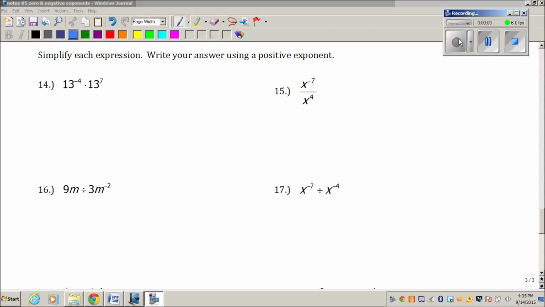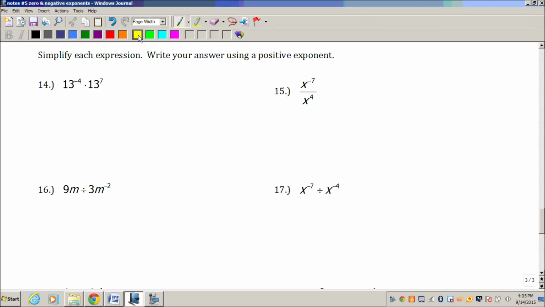Now I'd like you to try answering questions 14 through 21 on your own first. Remember, it just says to simplify each expression. Write your answer using a positive exponent. So each time you simplify, remember to rewrite your answer using a positive exponent.